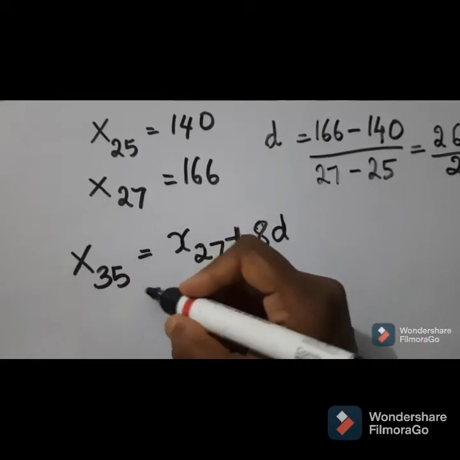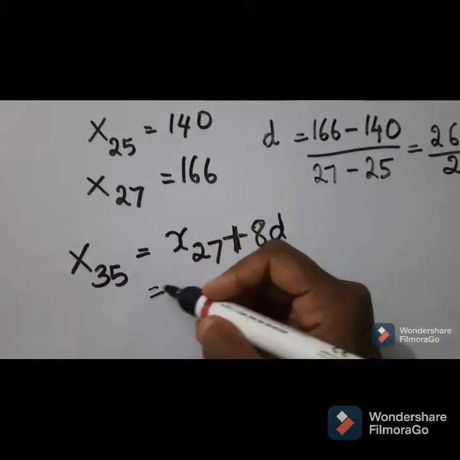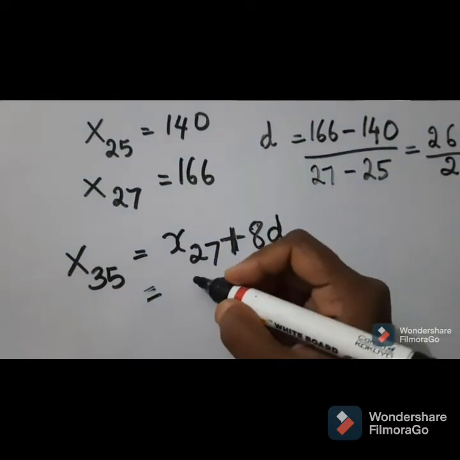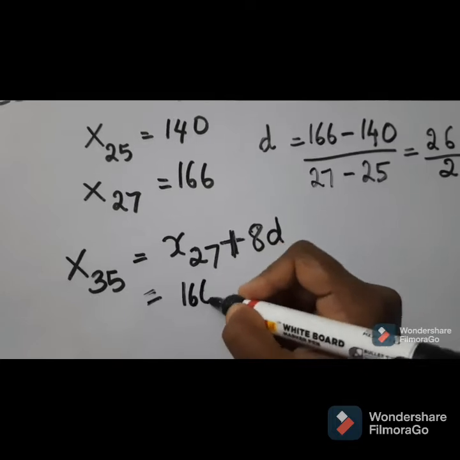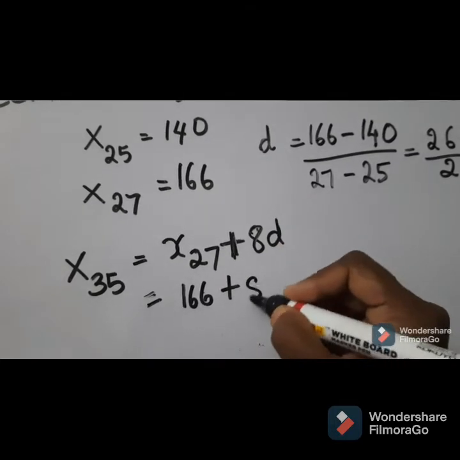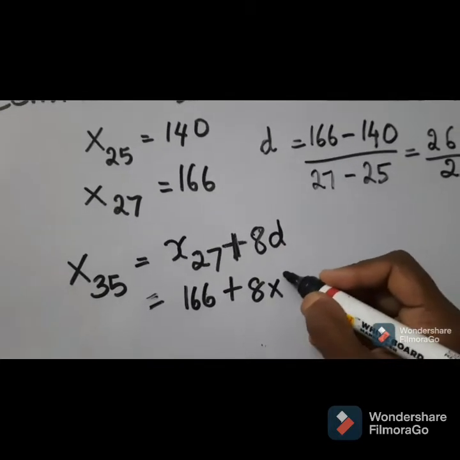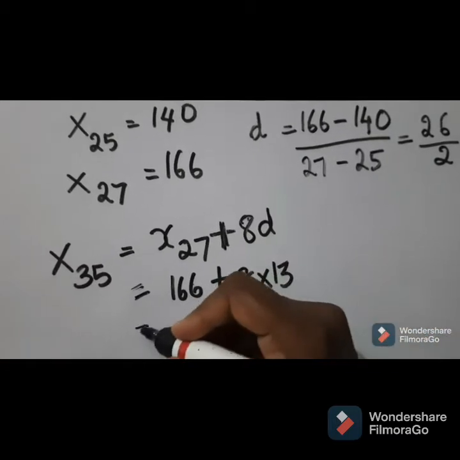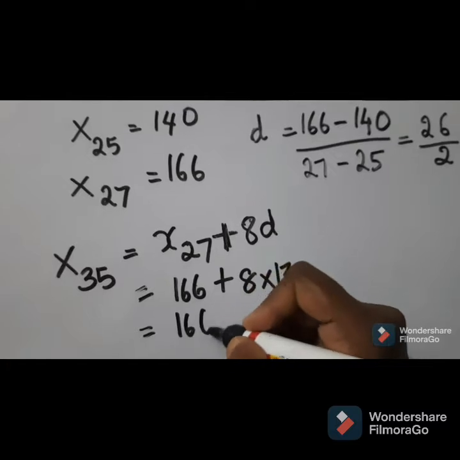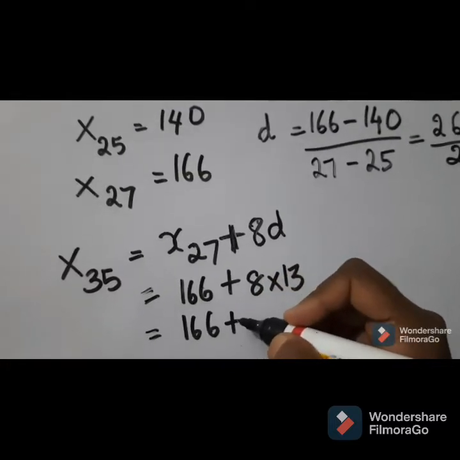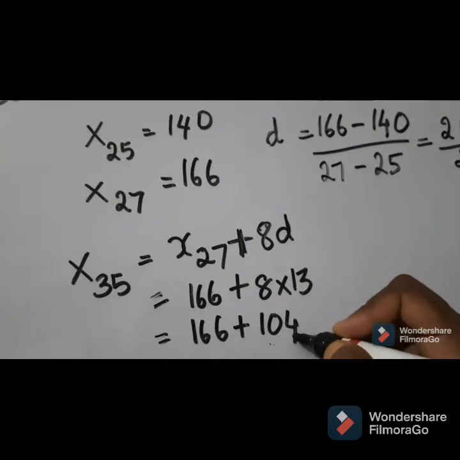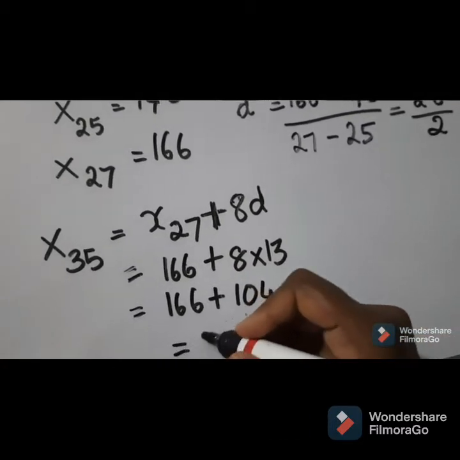You will get x35. For that, x27 is 166 plus 8 into the common difference, which is 13. So this will be 166 plus 104. You will get 270.